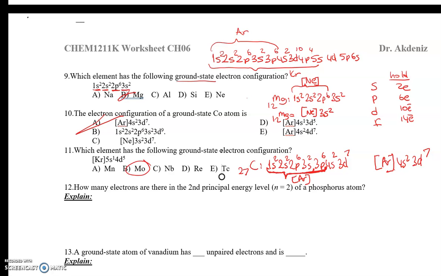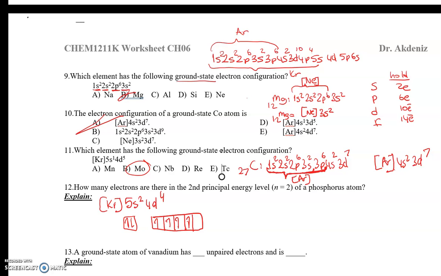But there's something weird here, because when you write down the configuration, you would do krypton 5s2 4d4, right? That's what you would do. However, there are some exceptions because atoms want to have half filled or full filled. So let's draw here 1, 2, 3, 4, 5. If you write this way, it's going to be 5s2. This is the regular way, the way we would do.